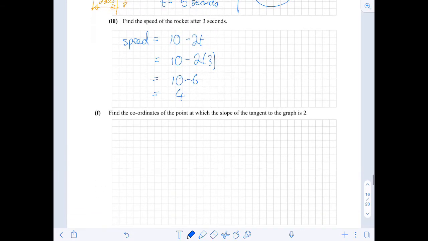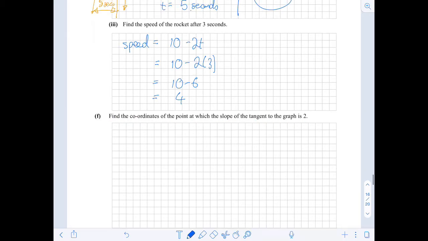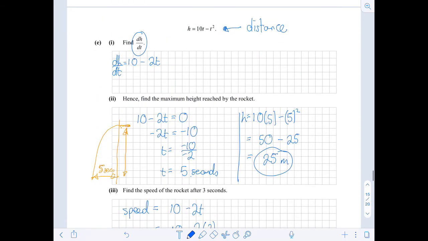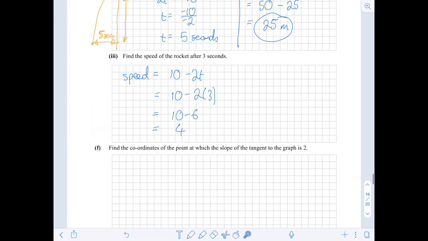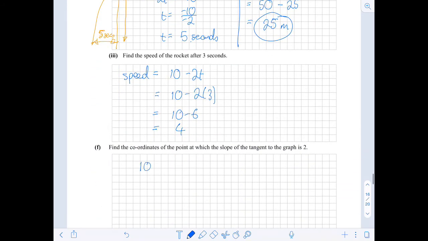And then the last part, part F, find the coordinates of the point at which the slope of the tangent to the graph is 2. Well, we go back up here. This thing here, that's a formula for all the slopes. So we go 10 minus 2t, that's dh/dt. And that's a formula for all of the slopes.